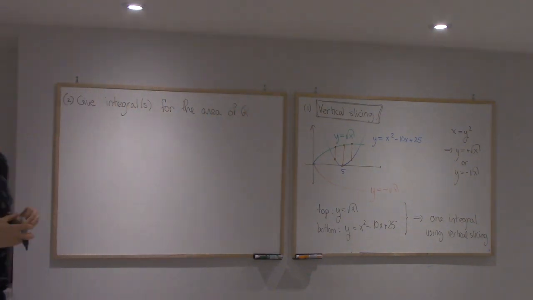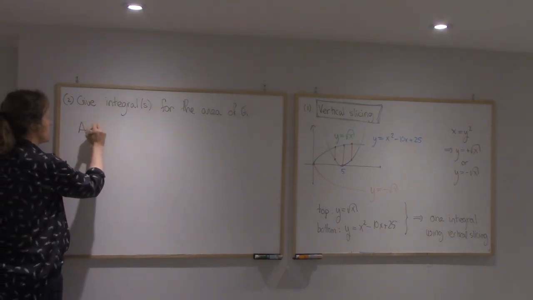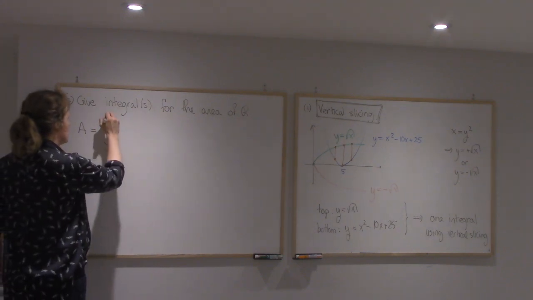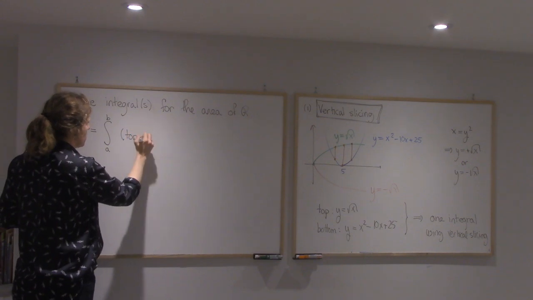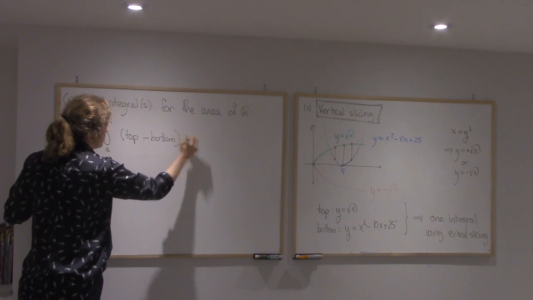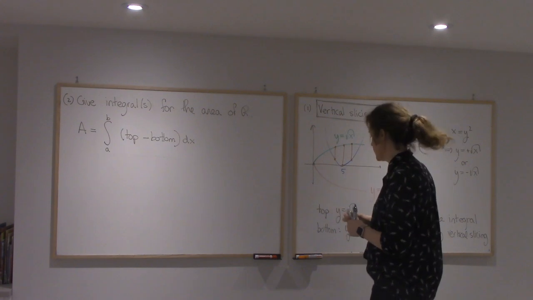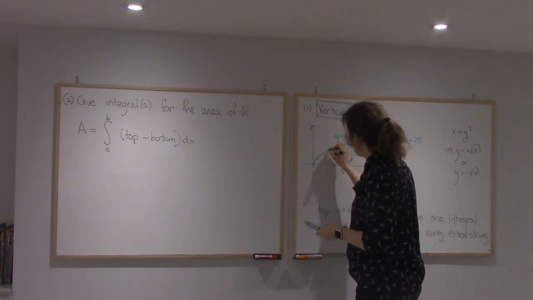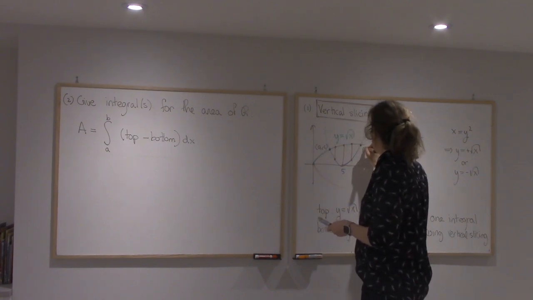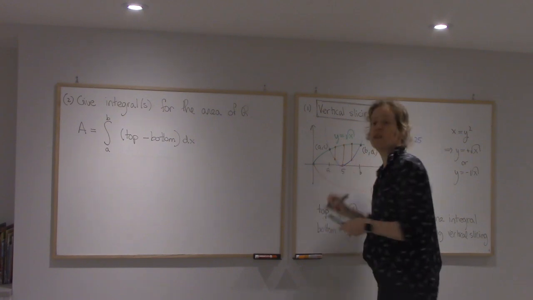So now we want an integral for the area. We've decided to use vertical slicing. So it's going to be the integral from a to b, top minus bottom dx. Now we're told in the actual question that you have on your sheet to just assume this point is A and this point is B, without actually solving for it.